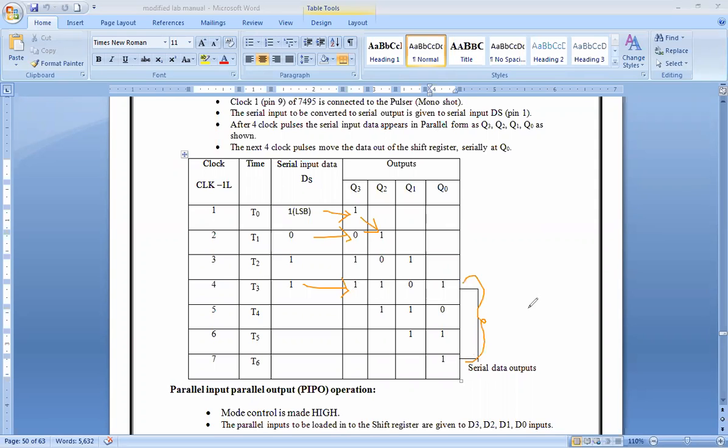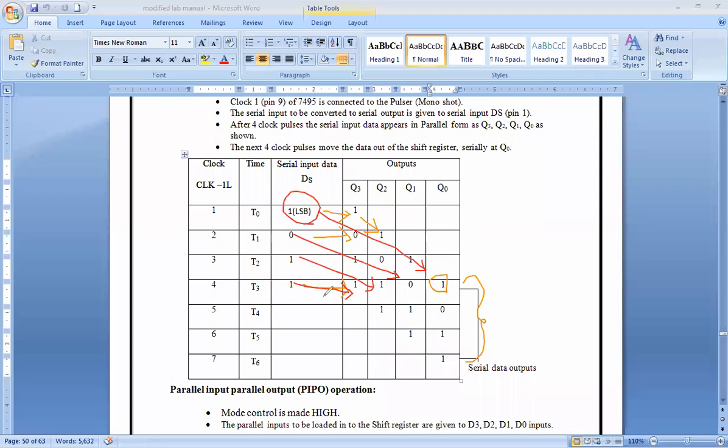So if I give it only across Q0, then after third clock cycle, what is going to happen? The one is going to come here. Which one is this? This is the one which was initially given here. As you can imagine, the previously annotated 1, 0, 1, 1, right?